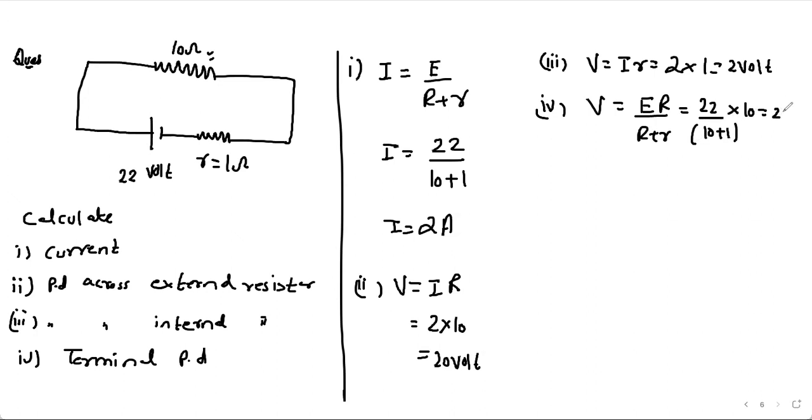So it's 20 volt. Or you can solve it using V is E minus Ir. EMF, which is 22, minus current, which is 2, times r, which is 1. So V is 20 volt.